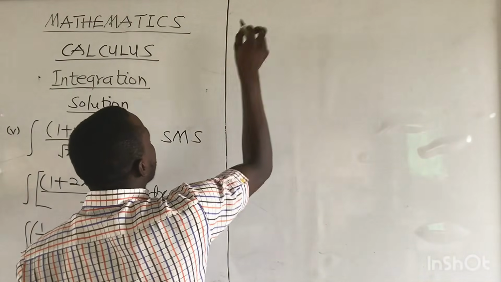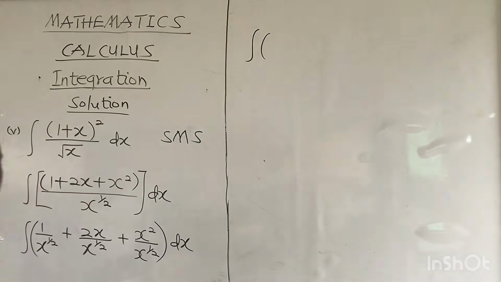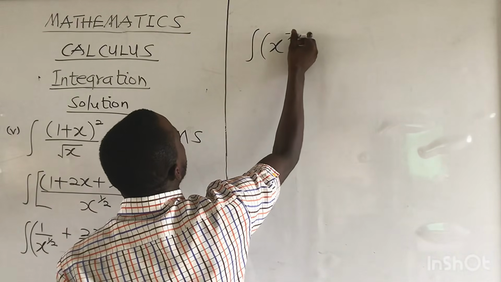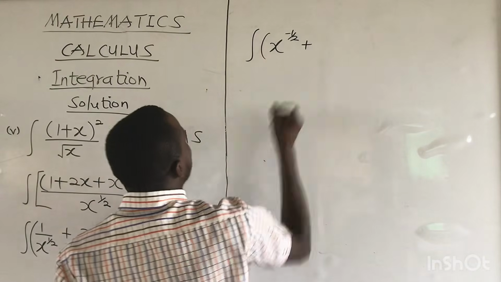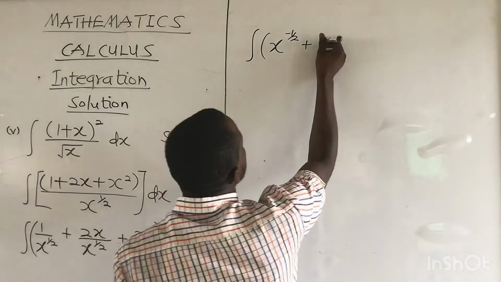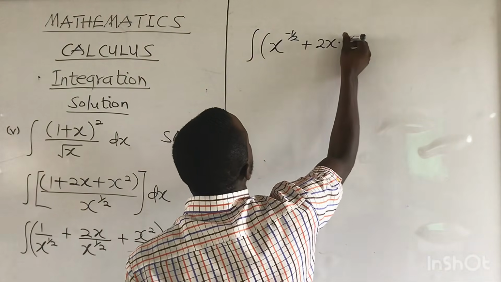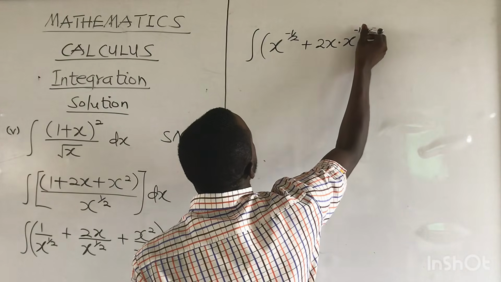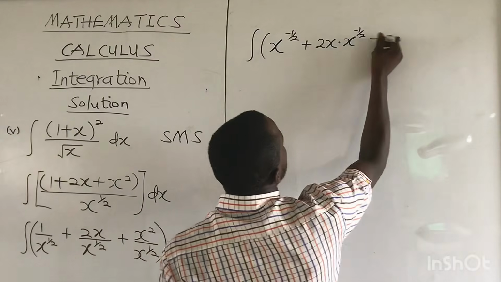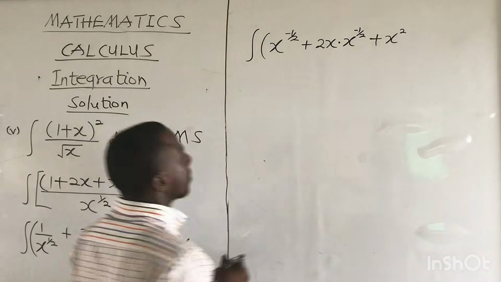So you have the integral of, we can easily change this one. So 1 over x power half is the same as x exponent minus half plus, now when I bring this x power half up, it is going to be 2x multiplying x power minus half plus x squared.